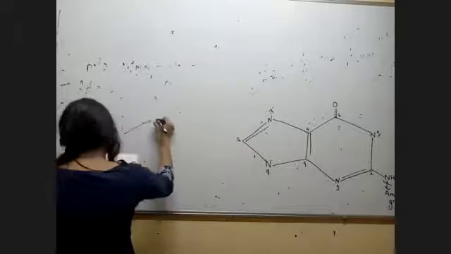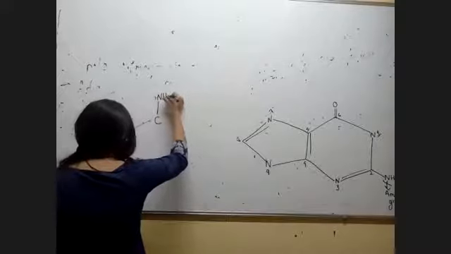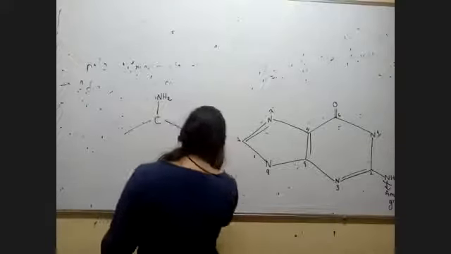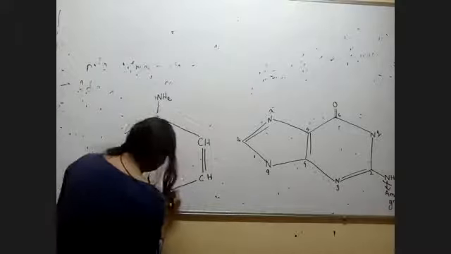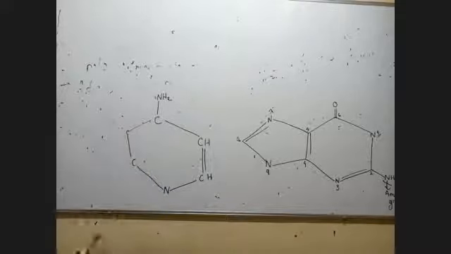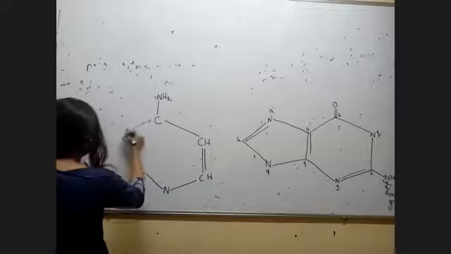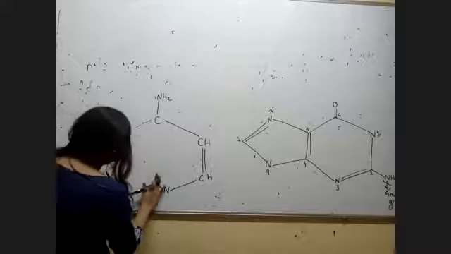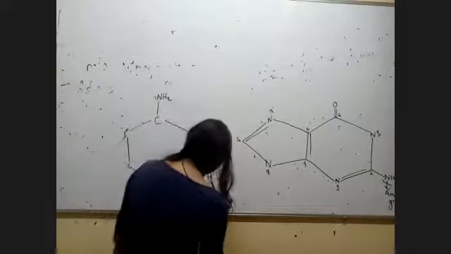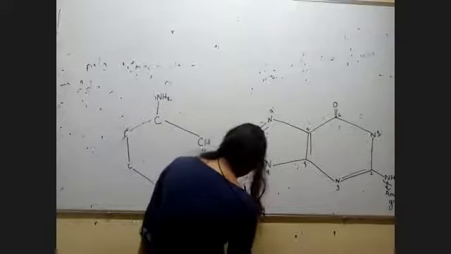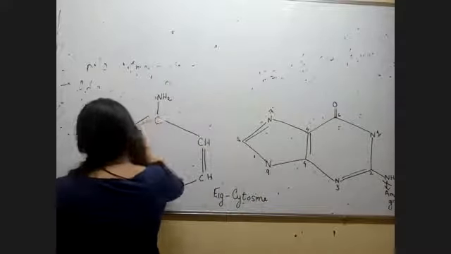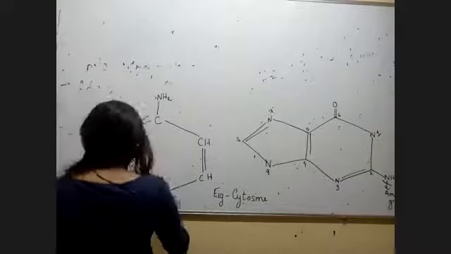Now we'll discuss the structure of cytosine. Nitrogen 1, 2, 3.